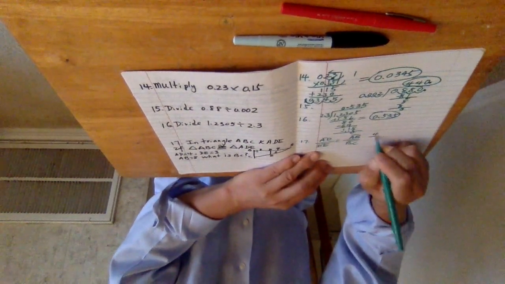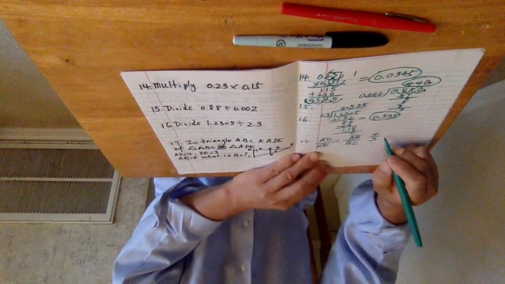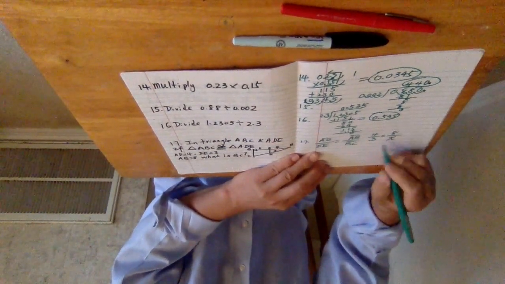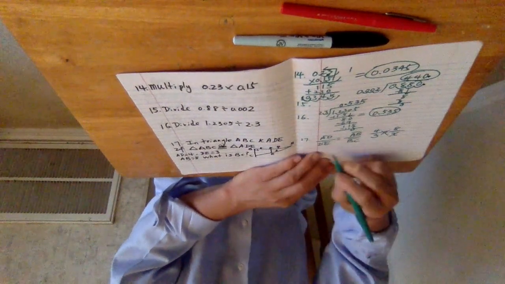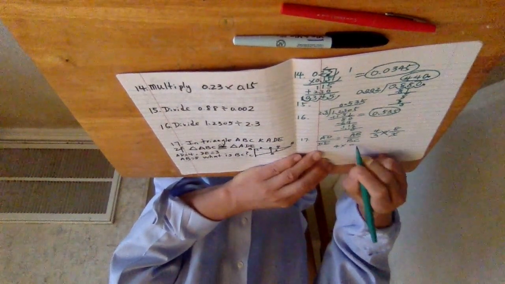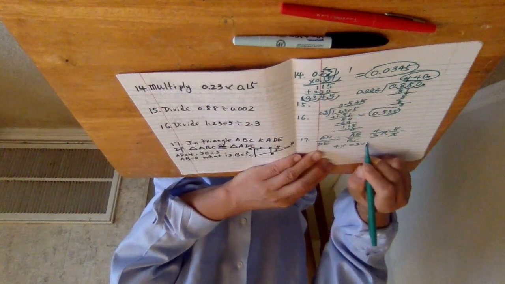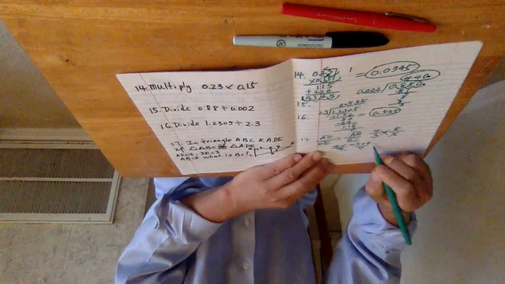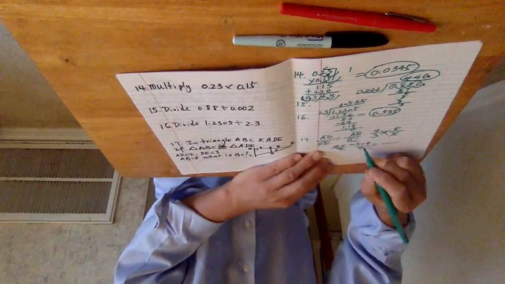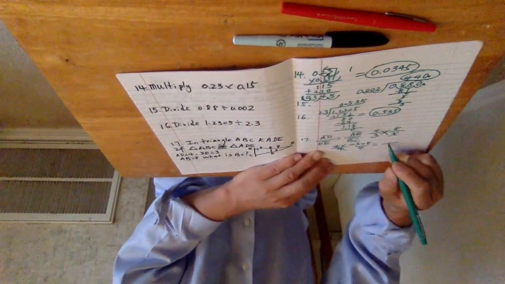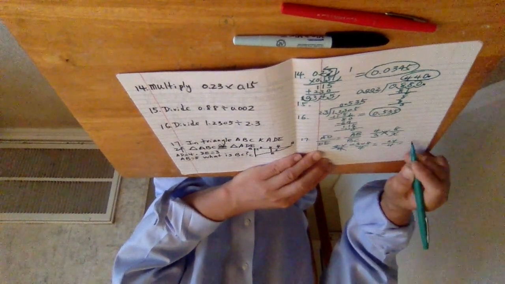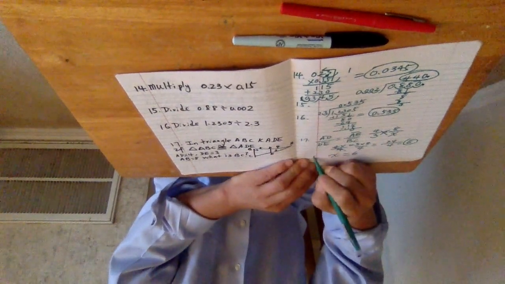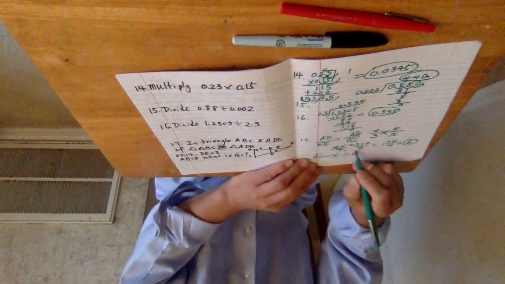So the proportion here is 4 over 3 equals 8 over x. With cross multiplication, x equals 3 times 8 divided by 4 on both sides. 3 times 8 is 24 divided by 4 equals 6. So x equals 6, or you can say BC equals 6.